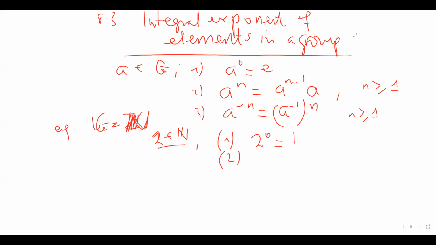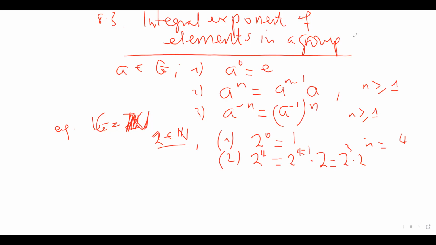Then the second one: if you take 2 to the power n, let's say n is 4, so 2 to the power 4, it says that you can write this as 2 to the power 4 minus 1 times 2. So this is 2 to the power 3 times 2.